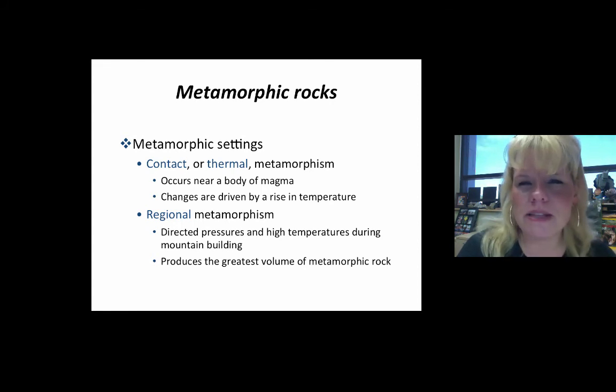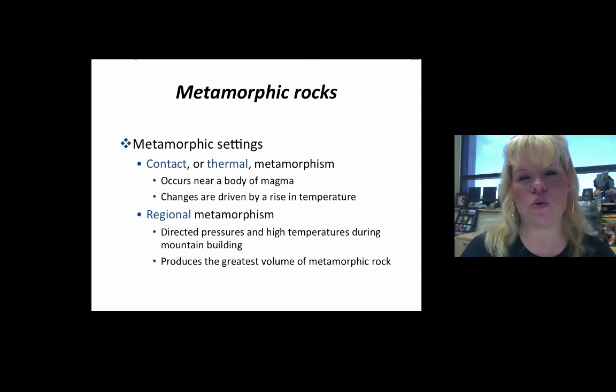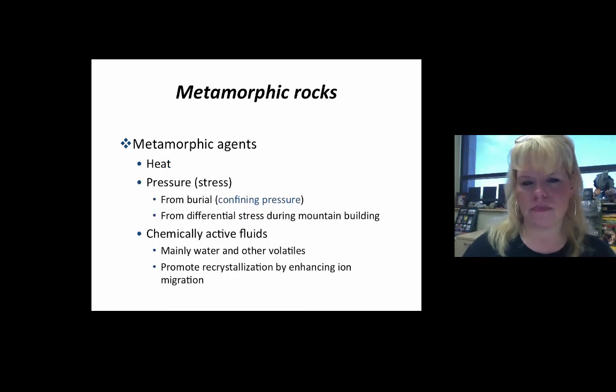You can imagine the immense amount of weight and pressure plus heat that can happen the further down subsurface those rocks are buried. So they create large-scale changes to rocks that are called regional metamorphism, typically associated with higher-grade metamorphic rocks and mountain building events.